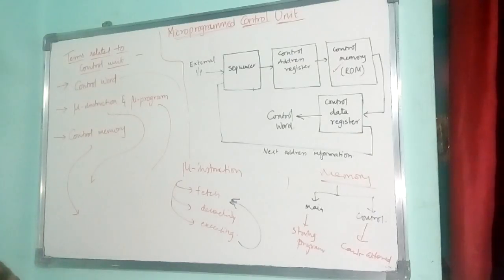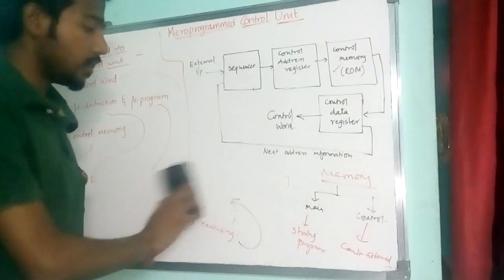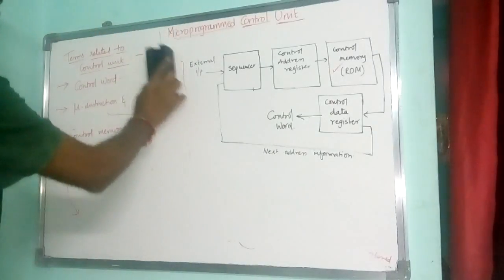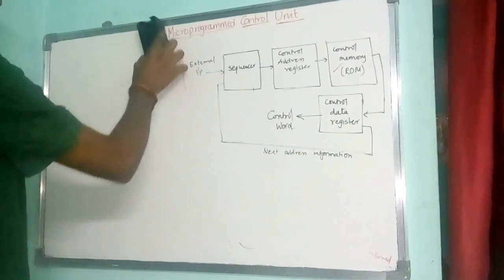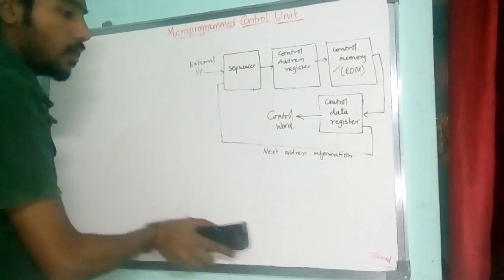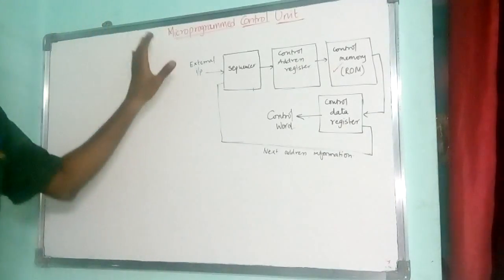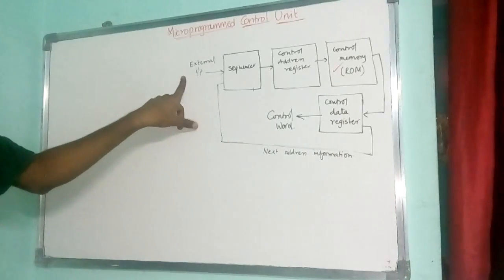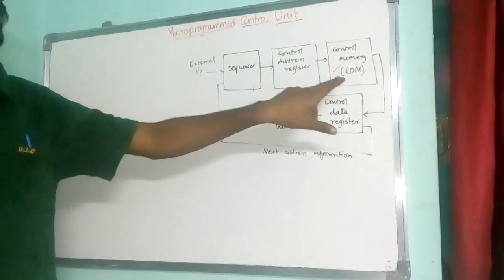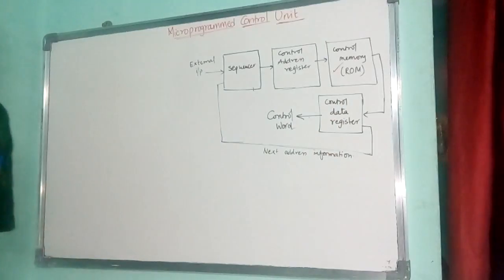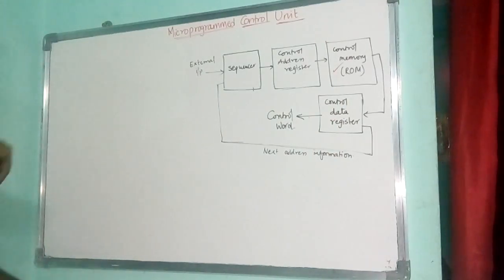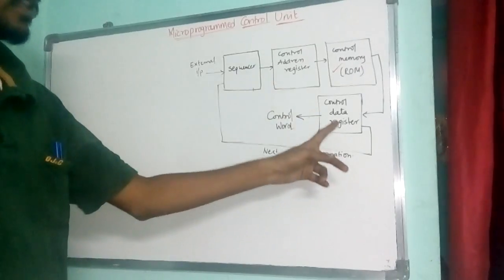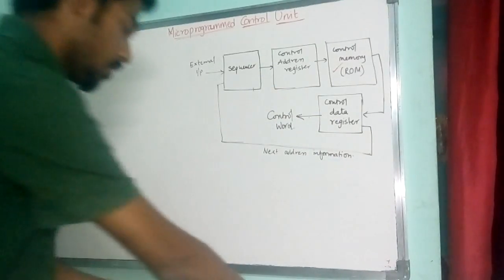Okay, now we will see the general configuration of the control unit of microprogram. This is the general microprogram control unit block diagram: external input, sequencer, control address register, control memory, control data register, control word. Now if you see this, we have two registers here, control address register and control data register.